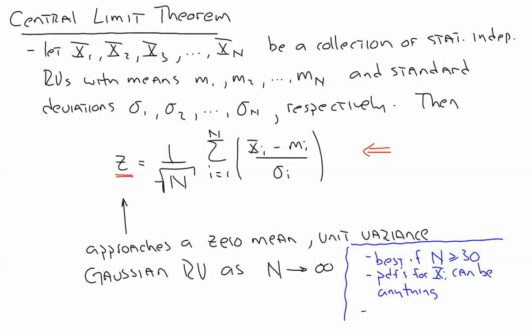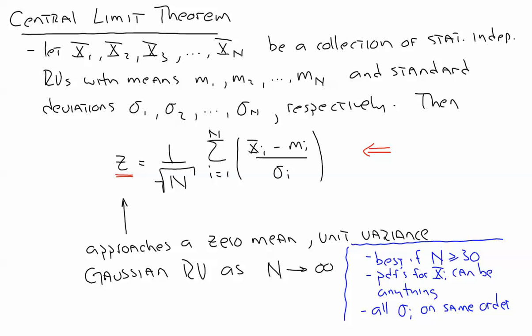And another thing, for this to converge more rapidly to a zero mean unit variance Gaussian, we generally like to see that all of the standard deviations for the various random variables are roughly on the same order. We don't want one random variable to dominate too much over the others. We don't want one to be a width of 100, a standard deviation of 100, while the rest of them are on the order of a standard deviation of 1 or 2.